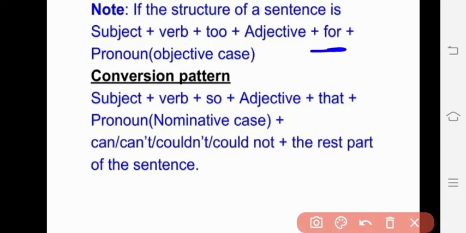While you convert by using "so that", the sentence becomes like this: subject, verb, so, adjective, that, then the pronoun of the nominative case, meaning the subject, then can't, can, couldn't, could not, and the rest part of the sentence as it is. So now let's make it clear by some examples.